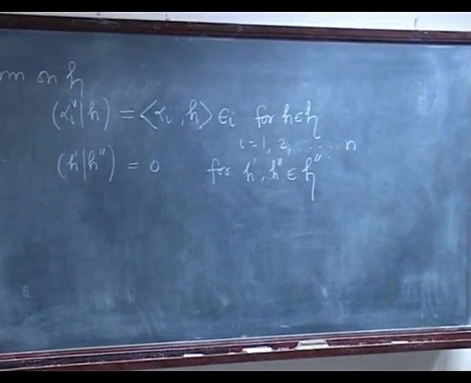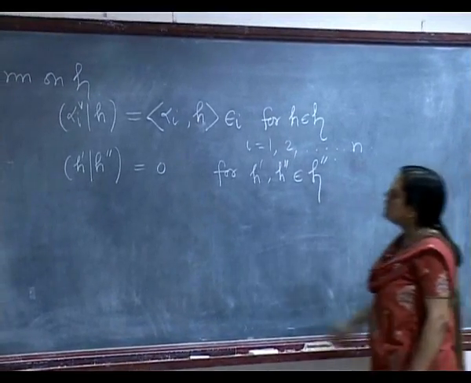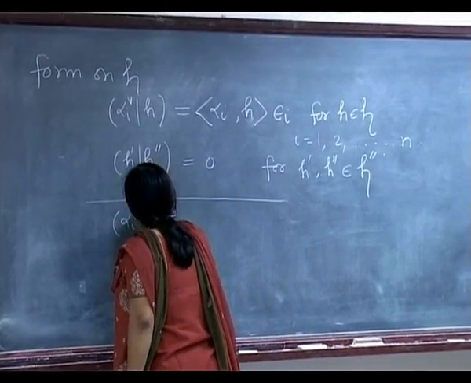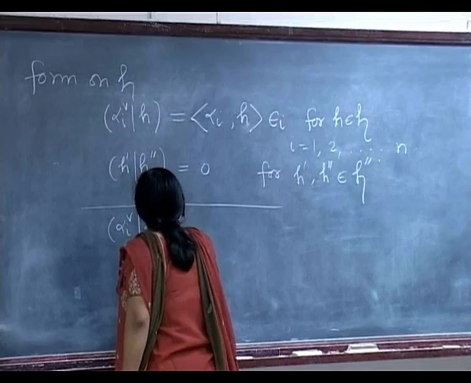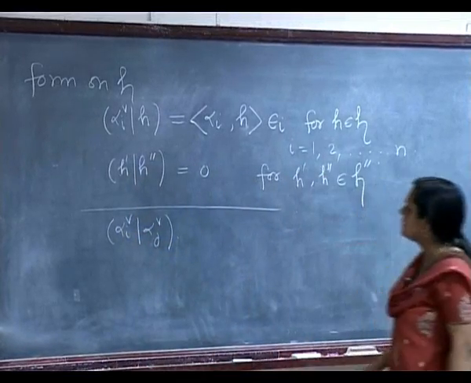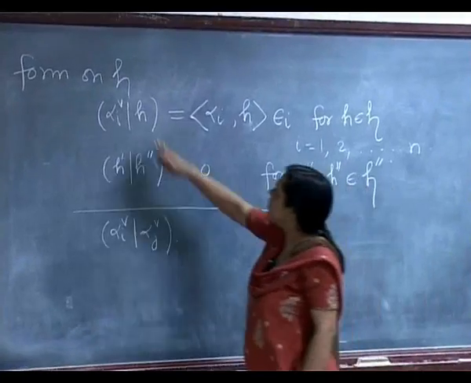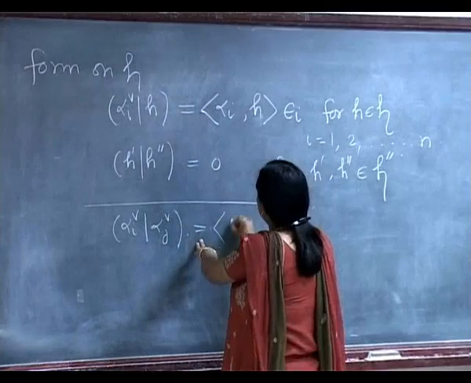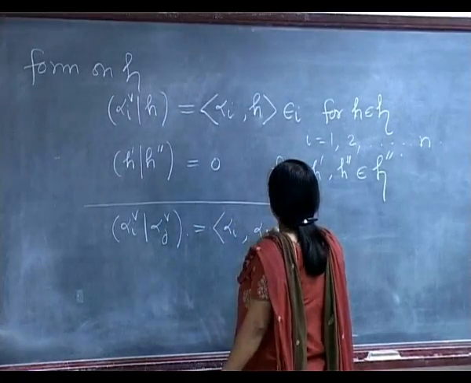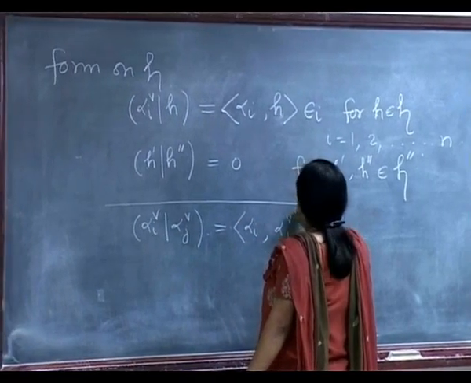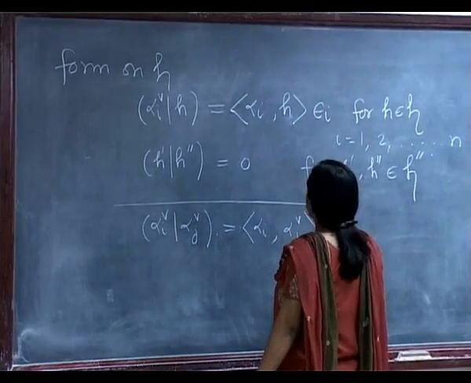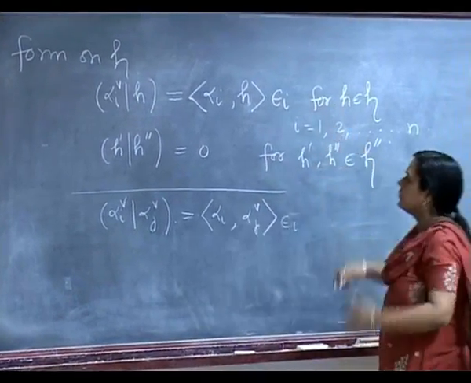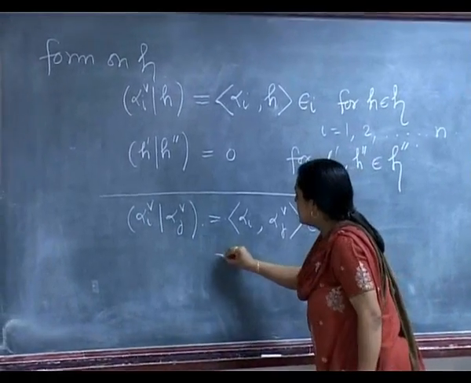So, we can check. What is it on alpha_i check, alpha_j check? So, again we will use this, and this will become alpha_i of alpha_j check times epsilon_i, which is a_ji epsilon_i.